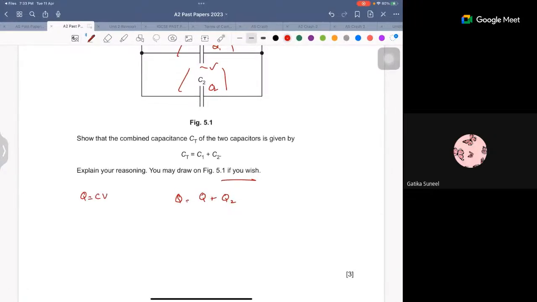Charge is equal to CV. So we write total capacitance C over... capacitance 1 over V plus capacitance 2 over V. So V cancels out. This lets us have this formula proved.